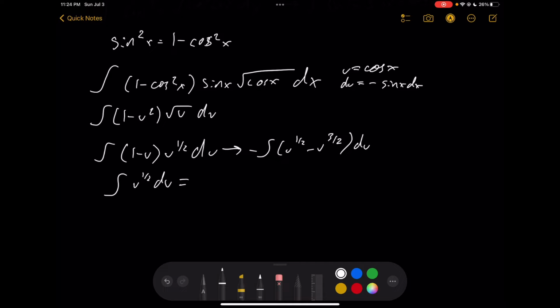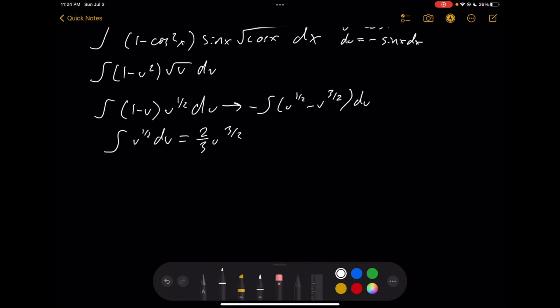And so now we have the integral of u to the 1/2 du, which we know with the reverse power rule is going to be 2/3 u to the 3/2. And the integral of negative u to the 5/2 du, same thing using the reverse power rule, we get negative 2/7 u to the 7/2.